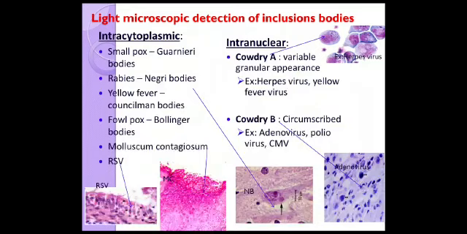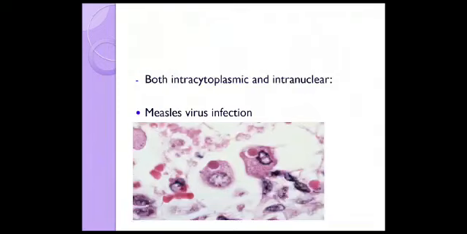The Cowdry B are much more circumscribed in nature, and the infections which produce these are adenoviruses, polioviruses, and cytomegaloviruses. An example of inclusion bodies present both intracytoplasmically and intranuclearly is measles virus.